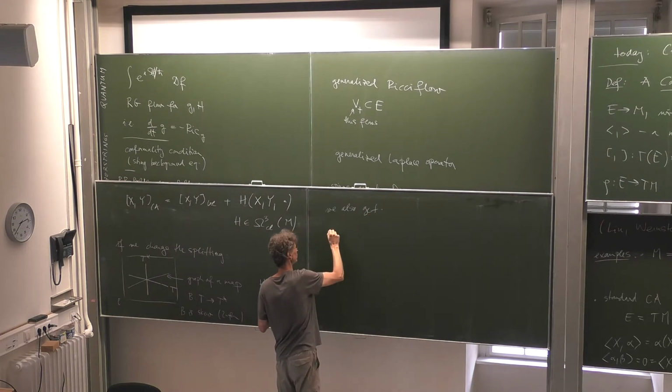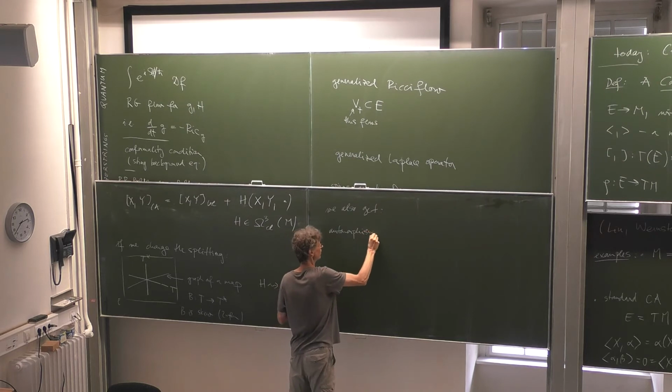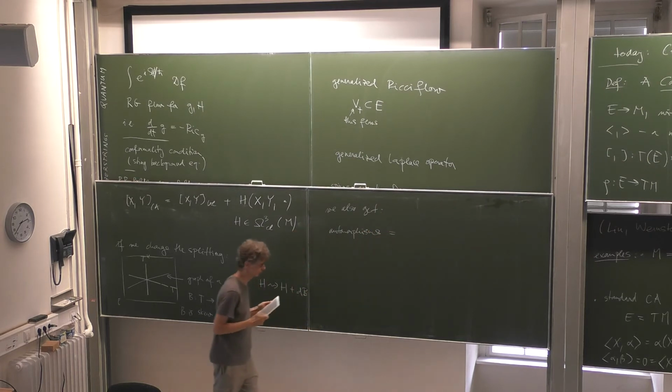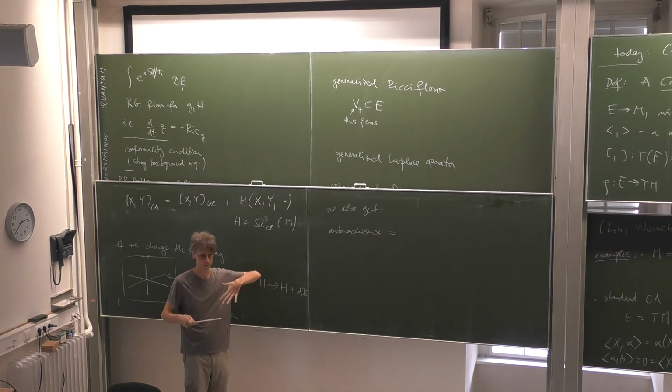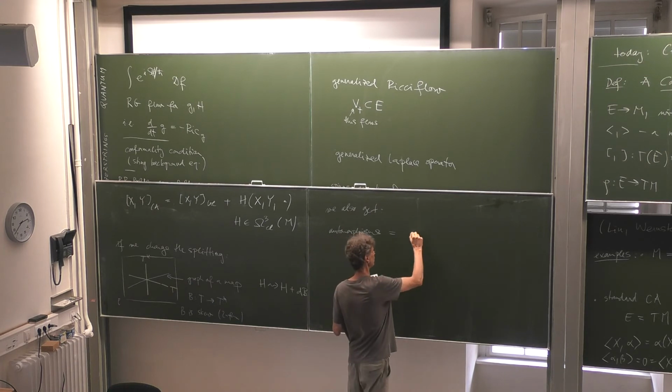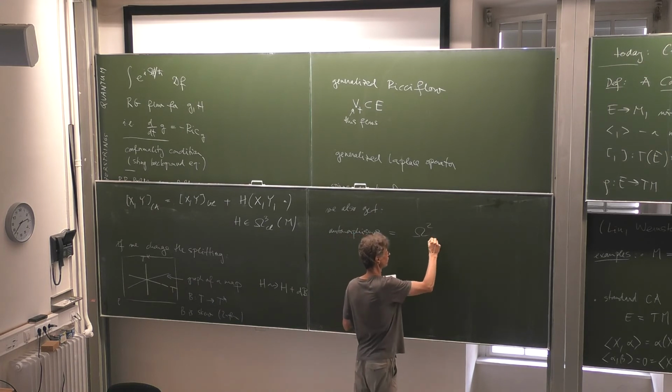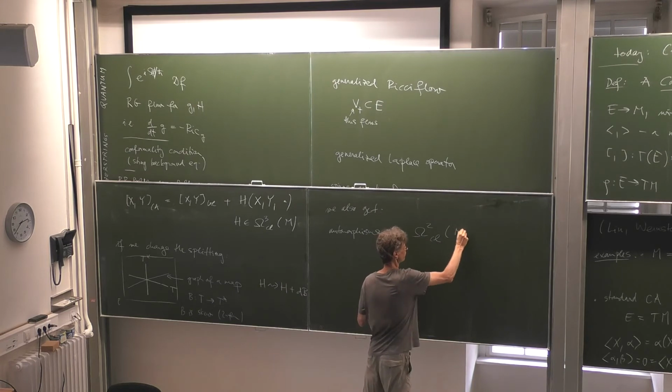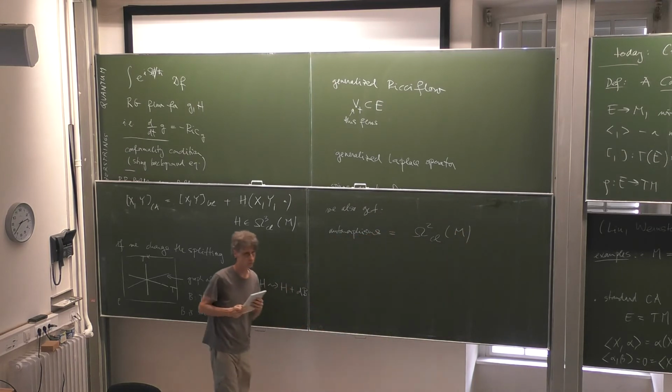the automorphisms, or let's say the base preserving automorphisms, things that don't move M, of an exact Courant algebroid is the same as the group of closed two forms.